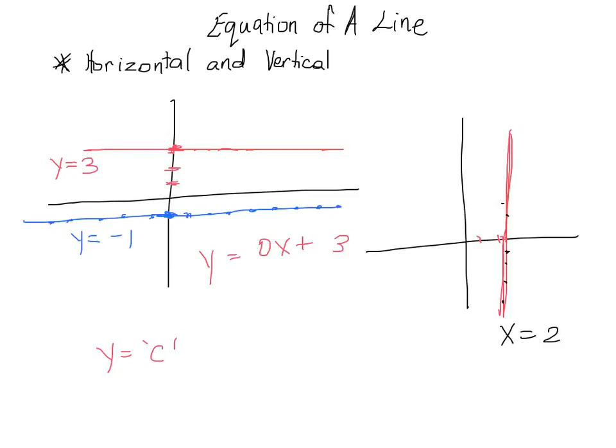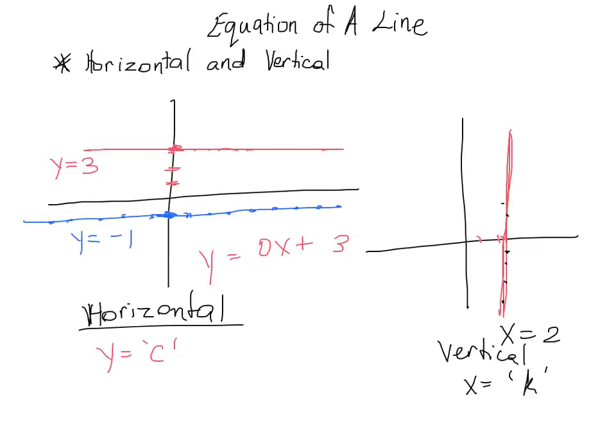Any vertical line has equation x equals some number, let's call it k, where k is the x-intercept. So again, horizontal lines have equation y equals some number, and vertical lines have equation x equals some number.